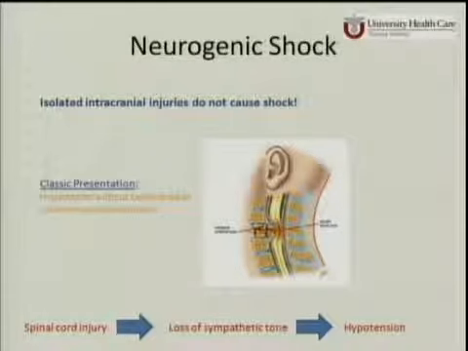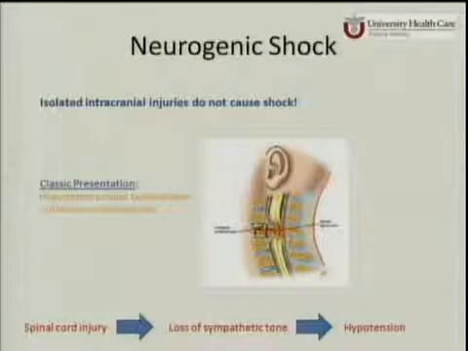The classical presentation of neurogenic shock is a little different than the others. In the other shocks so far, the patient becomes tachycardic. In neurogenic shock, we have hypotension without tachycardia and without cutaneous vasoconstriction. So these patients are vasodilated and they're not tachycardic.